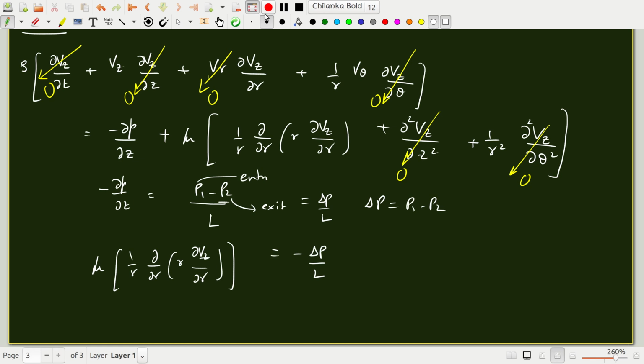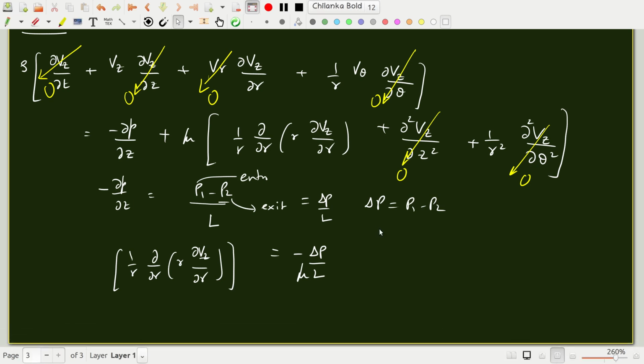If I bring this mu to the denominator, this is the equation that you want to solve for Vz, the flow direction velocity.